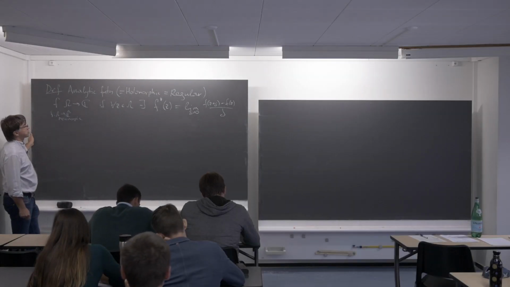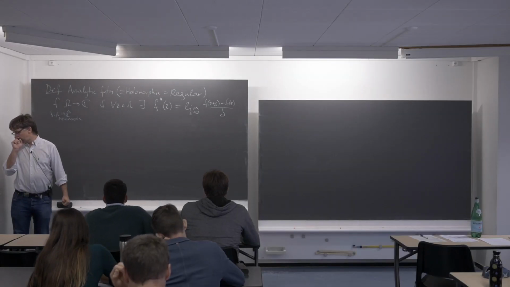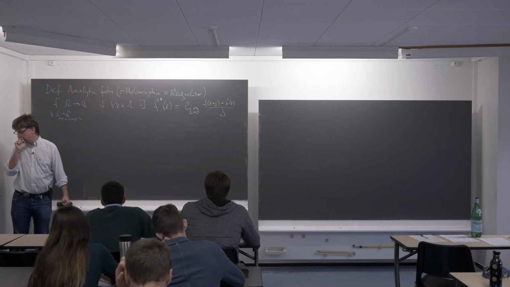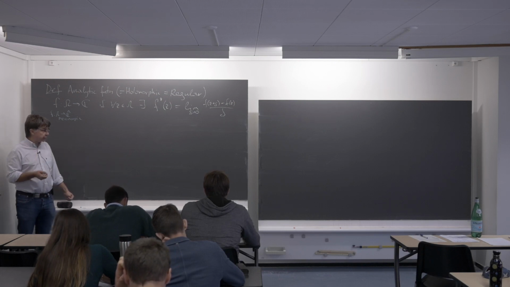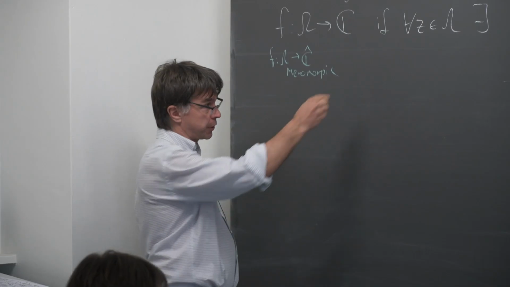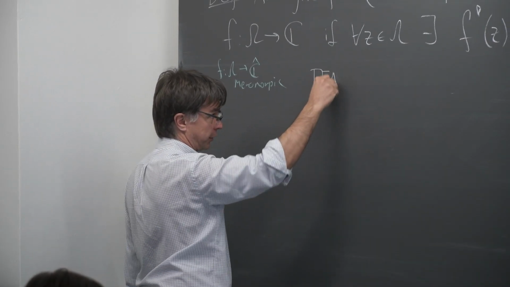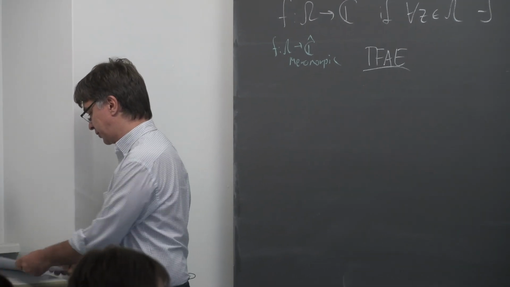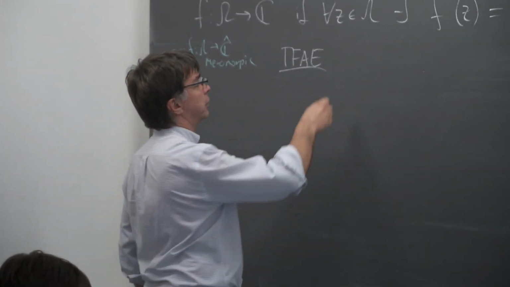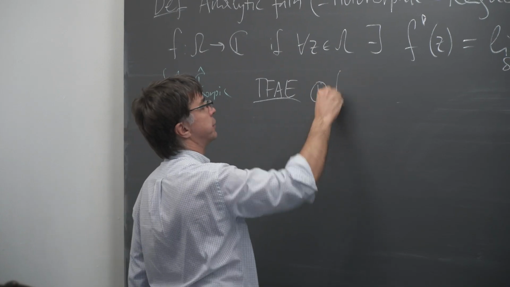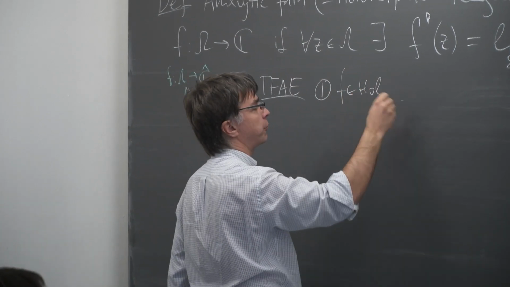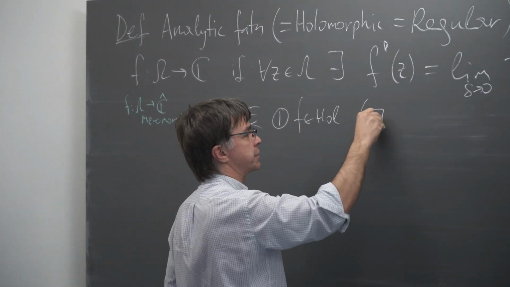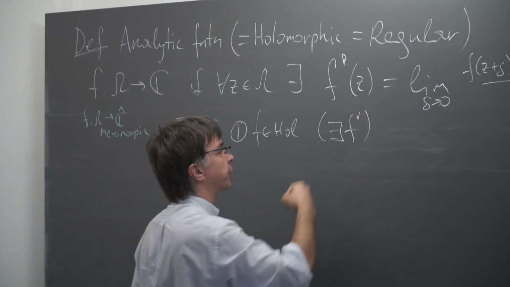Well, the reason why there are so many different words is that they have many different properties. Maybe I'll just remind like 5 of those. So the following are equivalent. The first one is the property that f is holomorphic, which means that there exists a derivative.